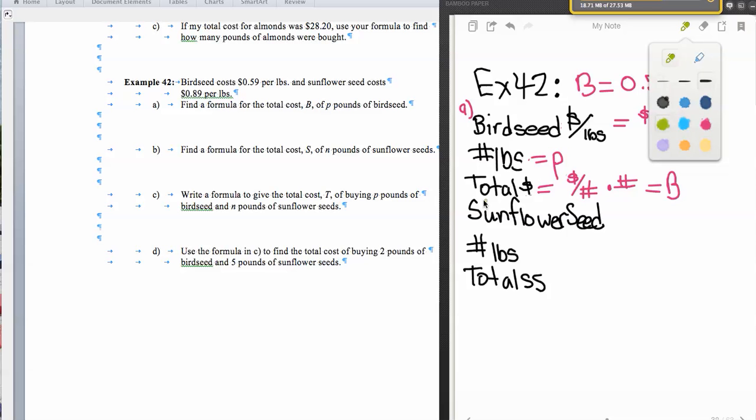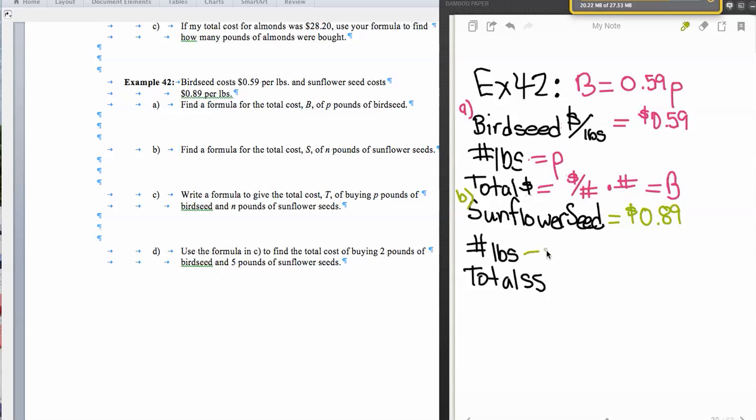Now we're going to do the same thing for sunflower seed. Find a formula for the total cost S of N pounds of sunflower seed. The cost per pound of sunflower seed is 89 cents per pound, so I'm going to put that down.